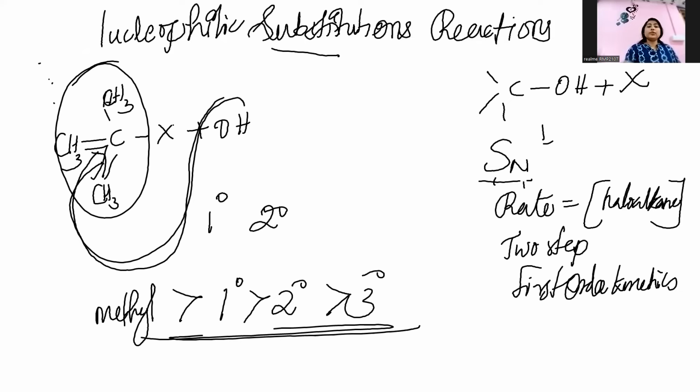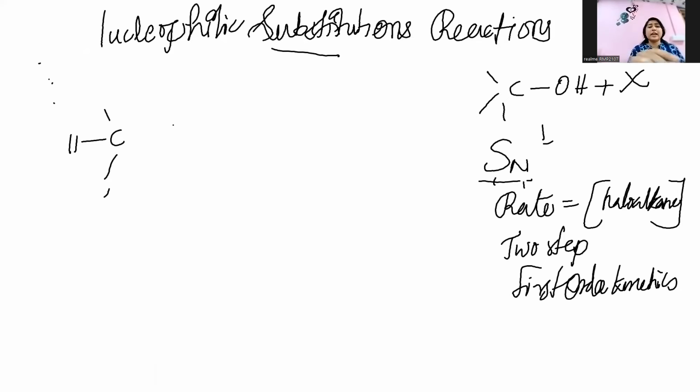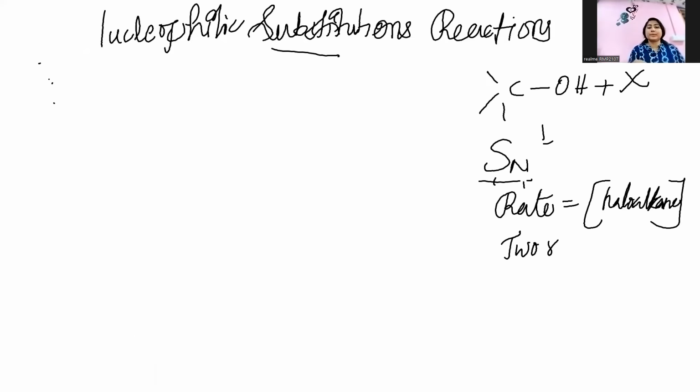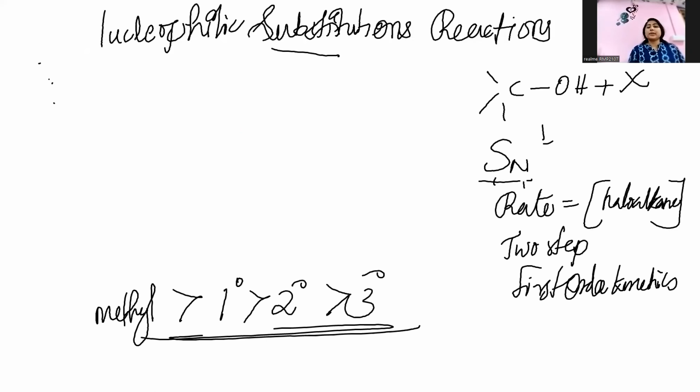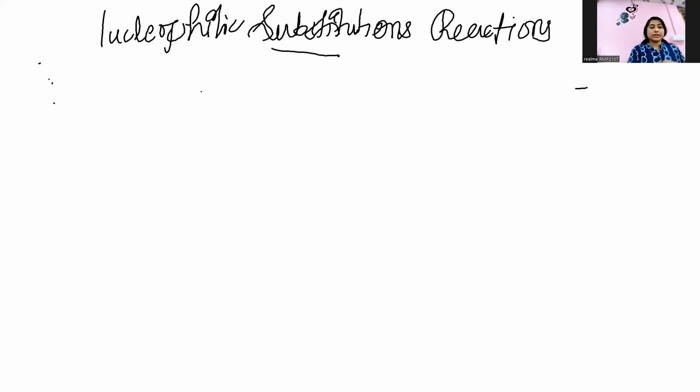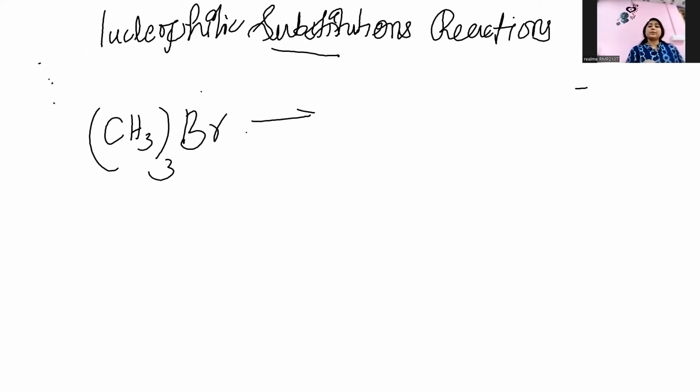Okay, and finally, we are moving on to SN1 reactions. I already told you that it happens in 2 steps. In SN1 reactions, the first step is the slow step. Here I am taking (CH3)3C-Br, a tertiary bromide. Why are we taking a tertiary bromide?